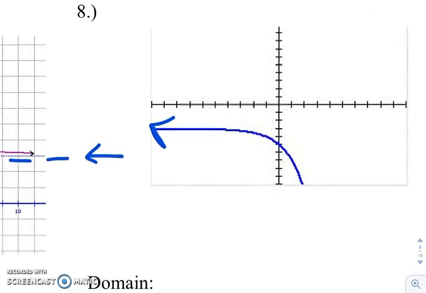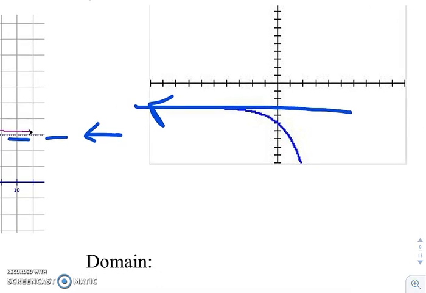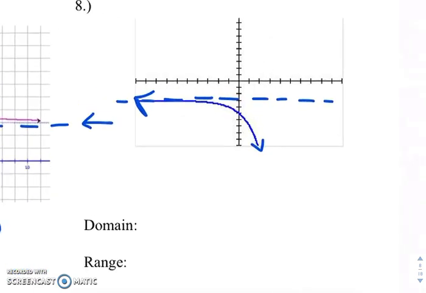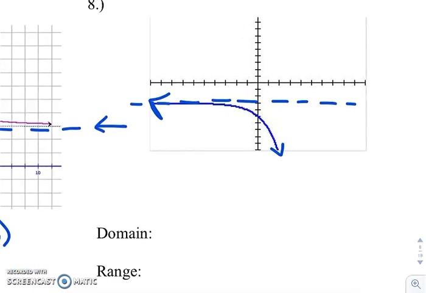So if you're looking at this, if I try to draw a straight line here, you can kind of see that it levels off at negative 3. So if you guys can see that it levels off there at negative 3, that's where the limit is, or that's the highest point for this function.